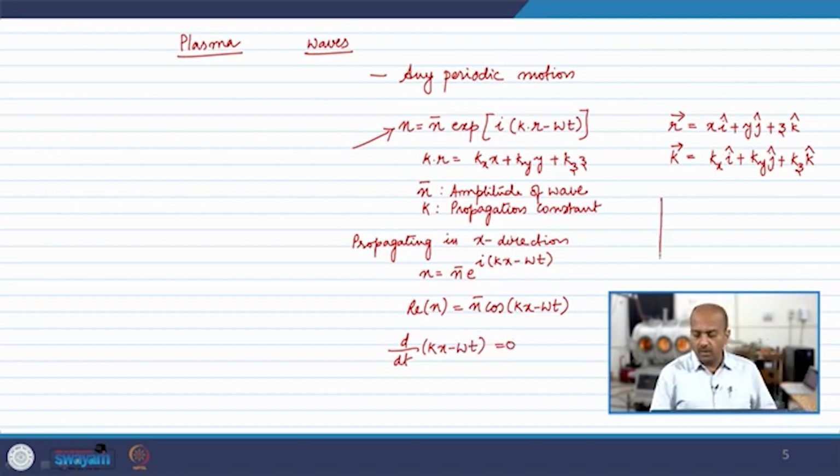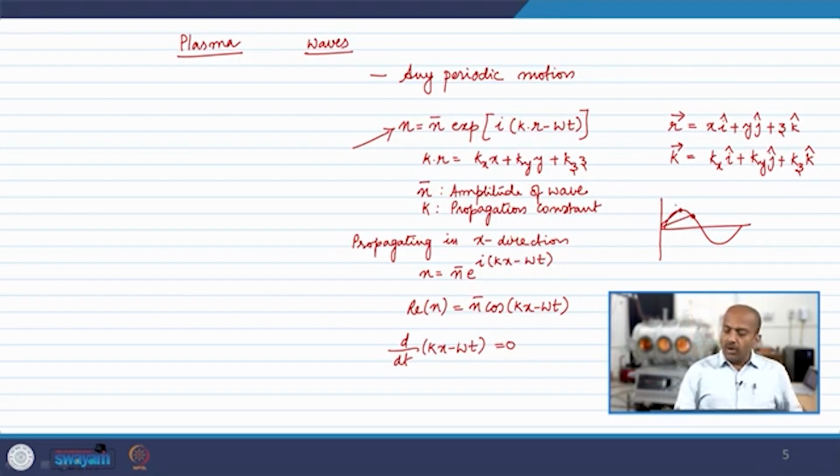Consider a wave like this, and these 2 points. They are not at the same phase; they are in different phases. So, consider one point at a constant phase, and it will move such that the rate of change of (k x minus omega t) is always 0.